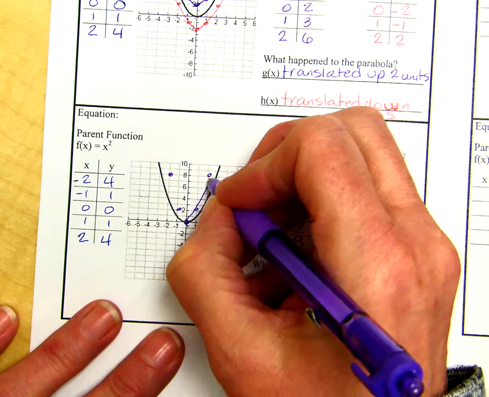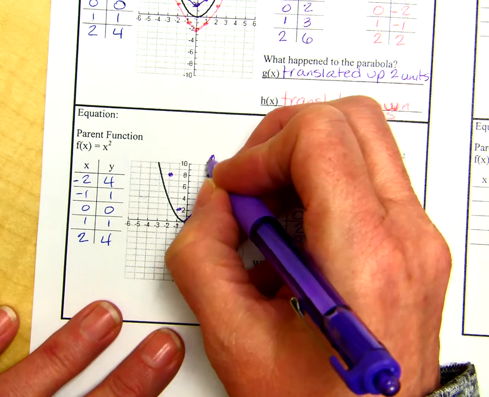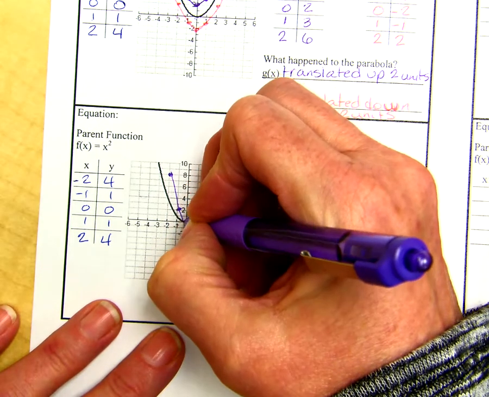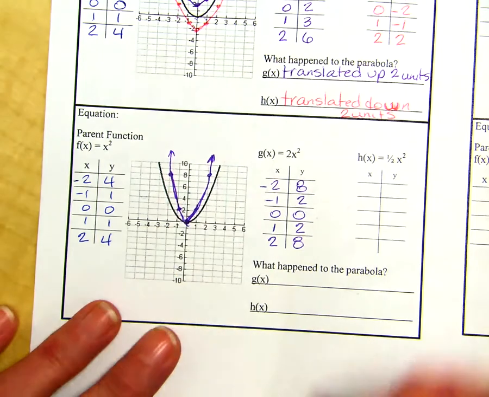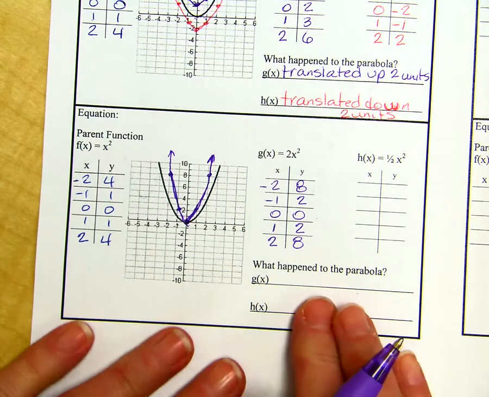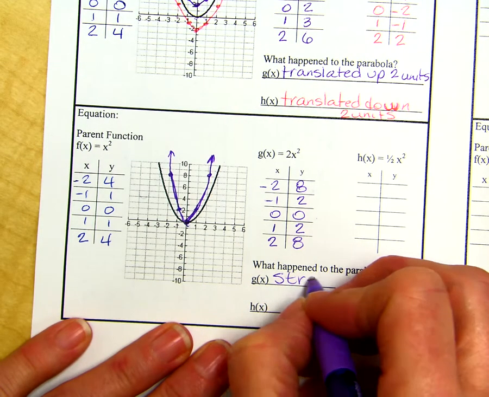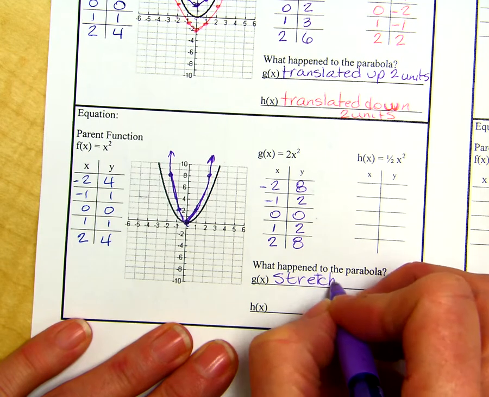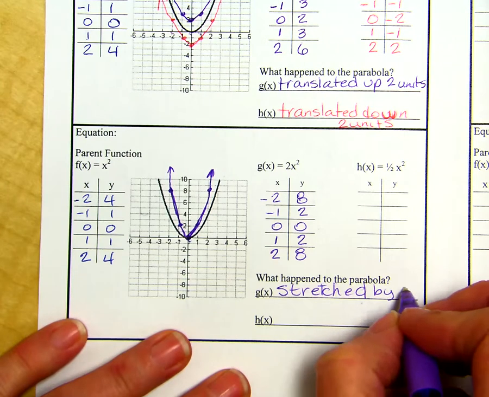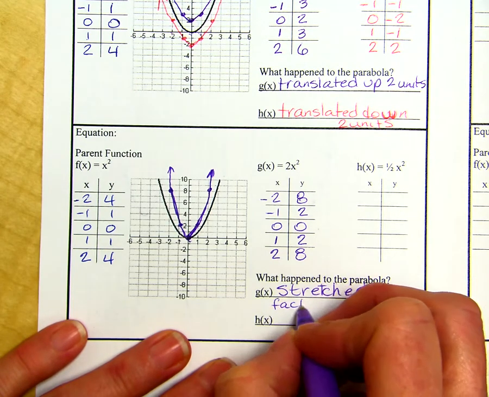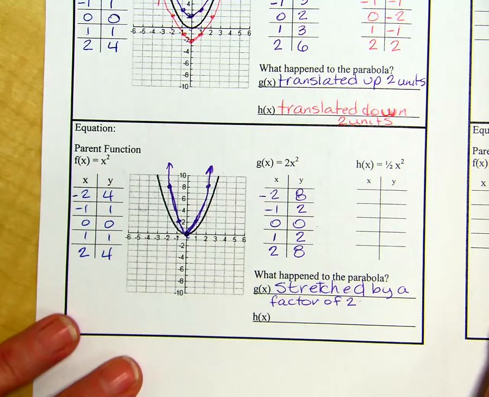So now we have a parabola going through the same vertex, but the curve here, the sides, go up much faster. So what happened to the parabola for g of x? It was stretched. And it was stretched by a factor of 2. So that means it was doubled.